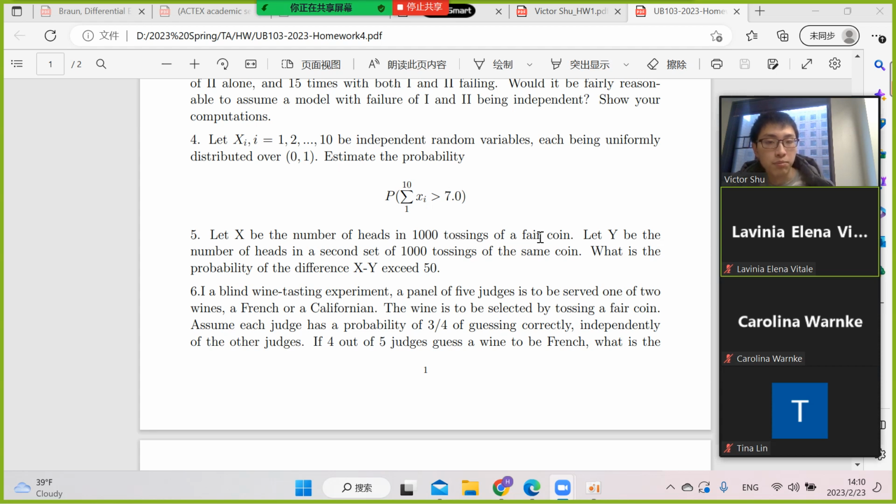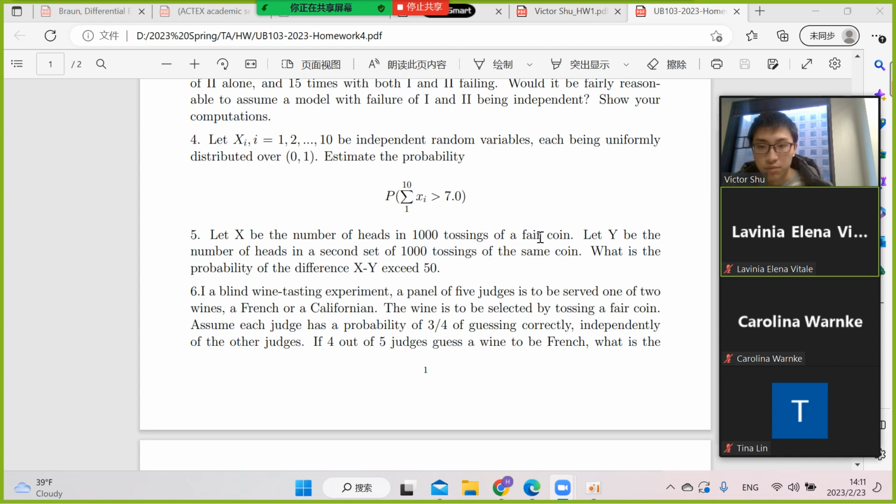But n, p, q are three important parameters in the binomial distribution. Here you have them all: n equals 1000, p and q equal 1/2. So you can calculate anything you want, for example, the standard deviation and the variance. I think you have a formula like the square root of npq, if I remember correctly. So you use the square root of 1000 times a half times a half. That's your standard deviation.